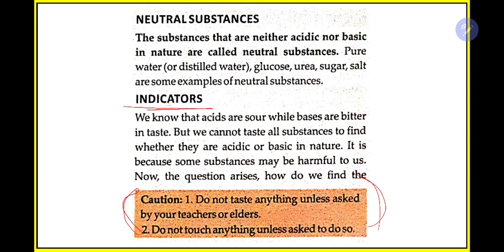If you find any unwanted object on the road, you will not touch it, because it may be a bomb or a poisonous thing. Similarly, you will not eat anything given by anyone or found somewhere, because it may be poisonous, it may be deadly. So always remember these things, and you should teach them to your younger siblings.